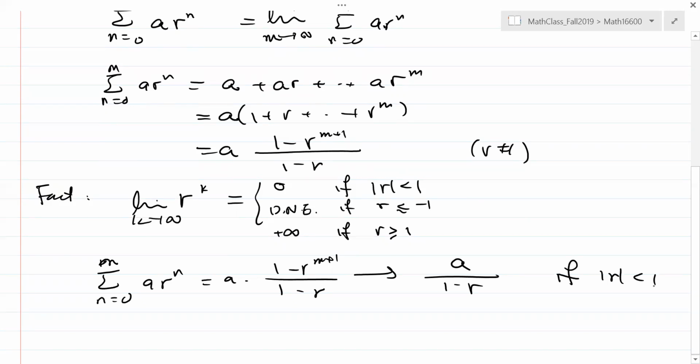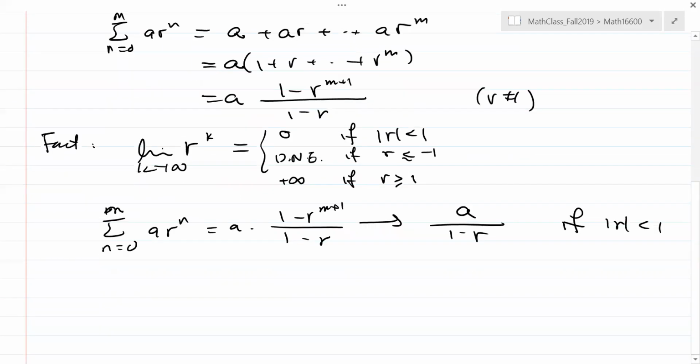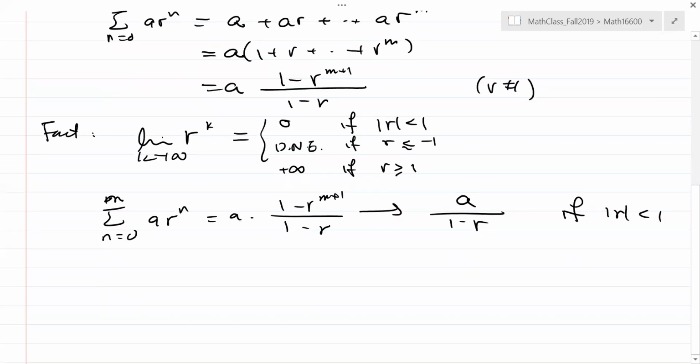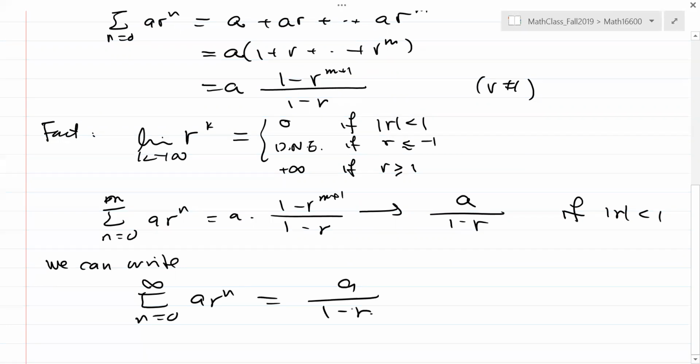So this indeed has a finite limit because the term r^(n+1) approaches 0 when the absolute value of r is less than 1. So we can write the sum equals a over 1 minus r, because the left hand side is viewed as the limit of the finite sums.